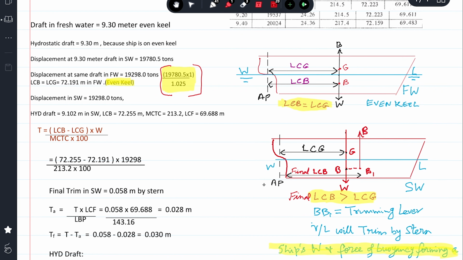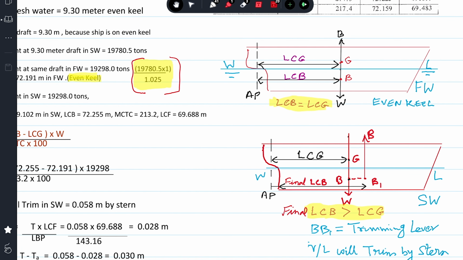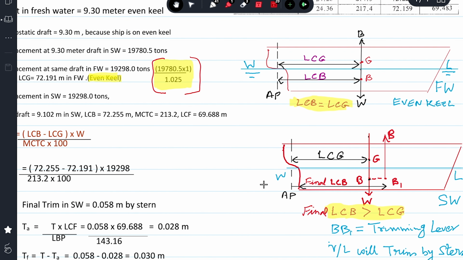Ship was at even keel in fresh water. LCB was equal to LCG at even keel, and the value was 72.191. 72.191 was the LCB.